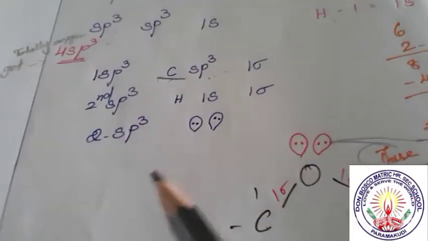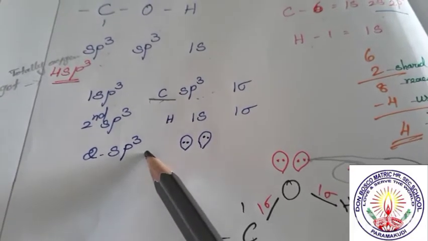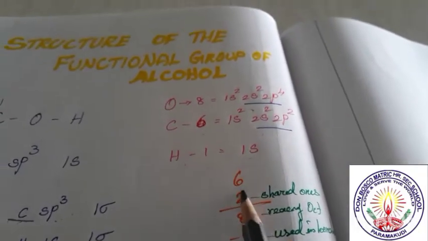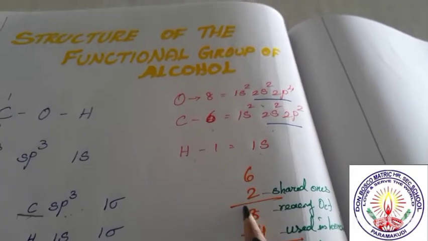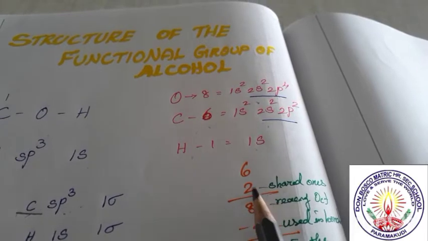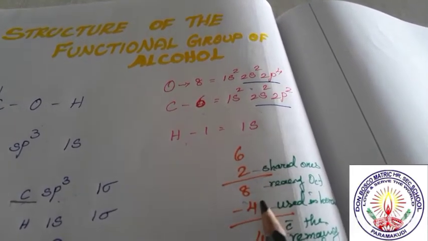And the remaining 2 sp3 are forming lone pairs. And you see they have 6 and 2, they are sharing, these are shared ones, and thus they are attaining the octet rule.